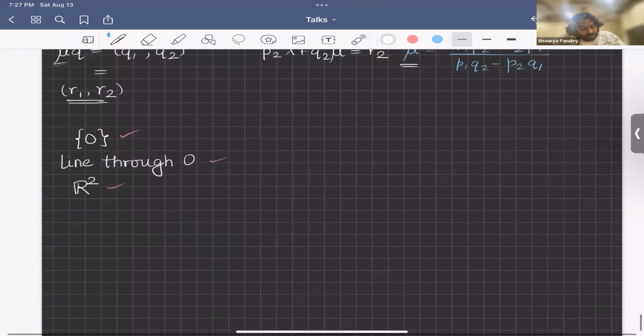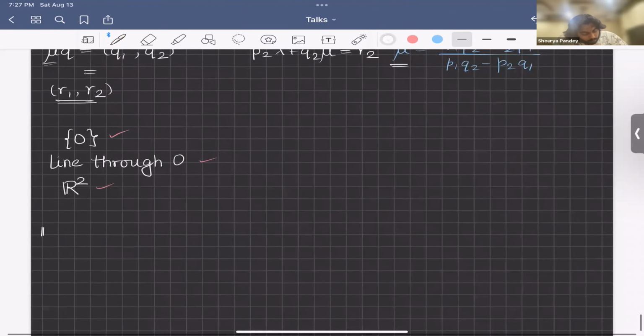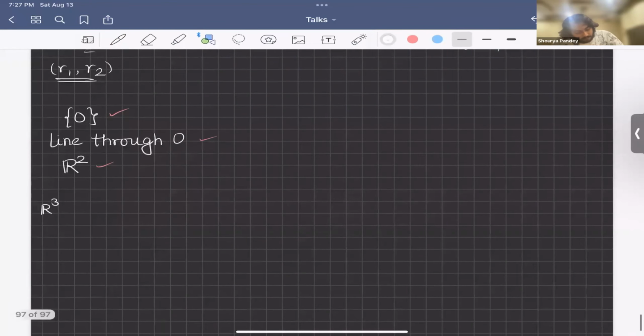Okay. And in general, if you look at R cube, by similar logic, we know that the zero vector, that is the set just containing the origin, is a vector space.